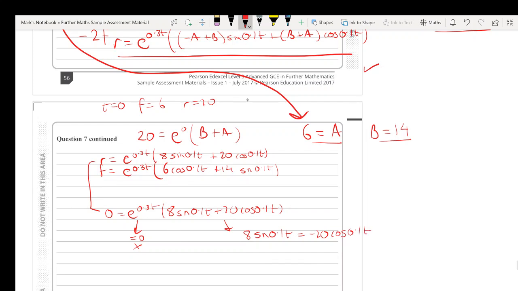We're going to get 8 tan 0.1t equals minus 20. So therefore we're going to get inverse tan, so 0.1t equals tan to the minus 1 of minus 20 over 8. Give me a second.